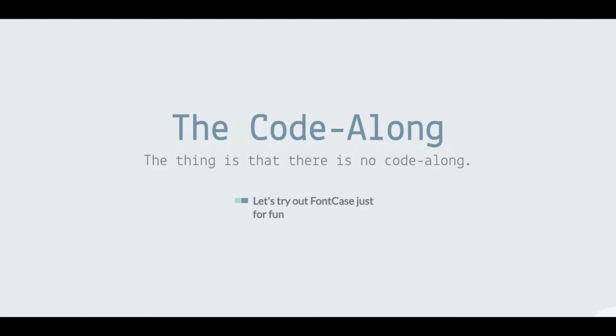So if you search FontCase, you could see what's on Git. It's a lot easier for us to probably just keep it to discussion and lecture that way rather than jump on Git.